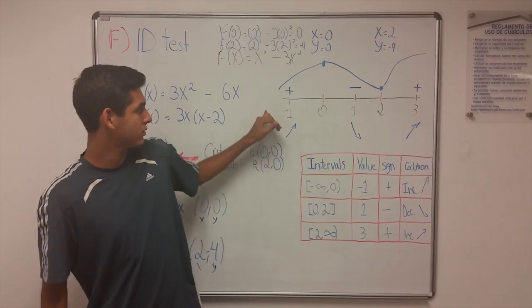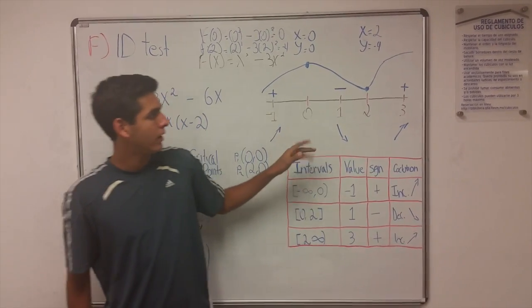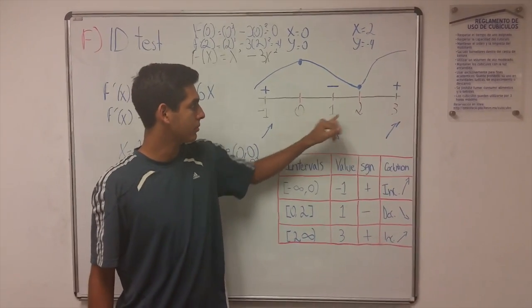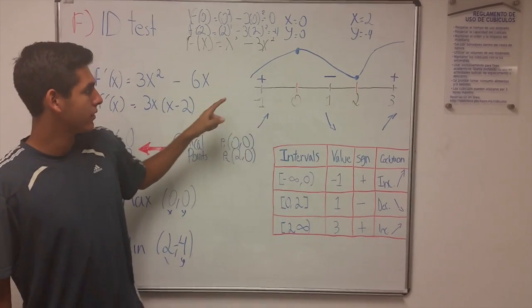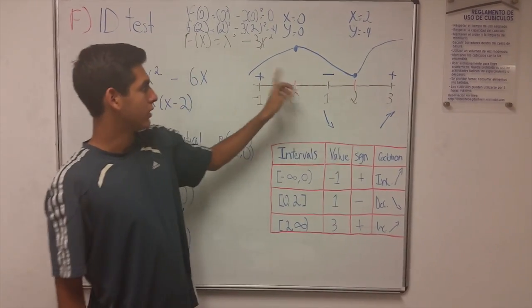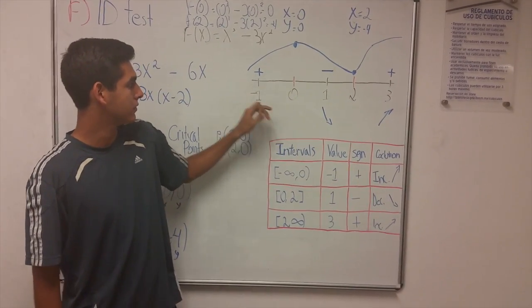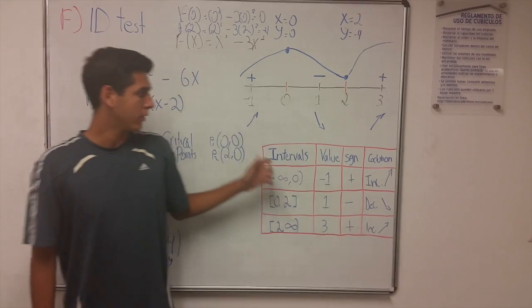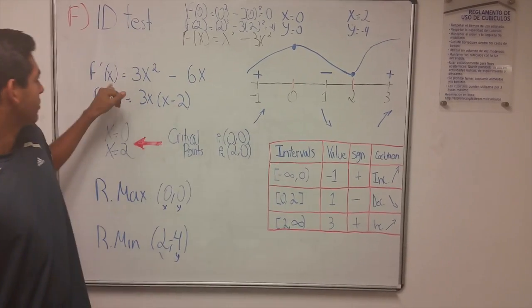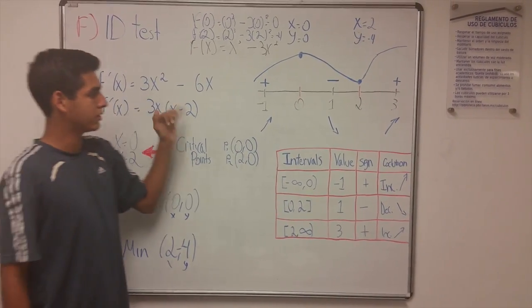This is a t-chart of our first derivative, and we can see that we graph the critical points, but we also need to find the behavior of the graph to the left and to the right of the critical points. So we use these values, -1, 1, and 3, and we plug them into the first derivative.